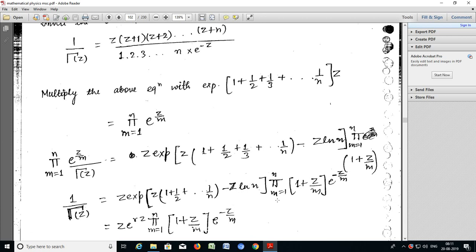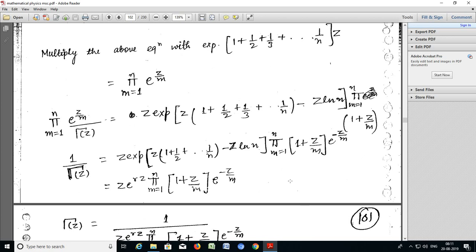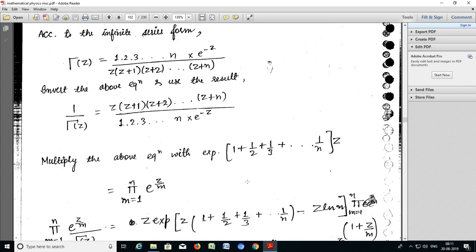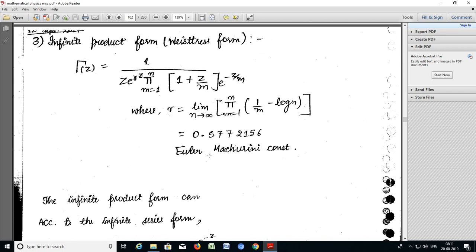Now this can be written as z exponential of z into this term minus z log n, product m equal to 1 to n of this term, and this e to the power, that term is taken to the right. Right?